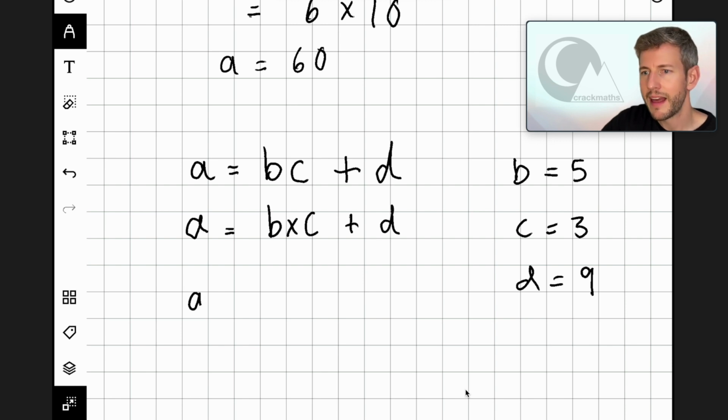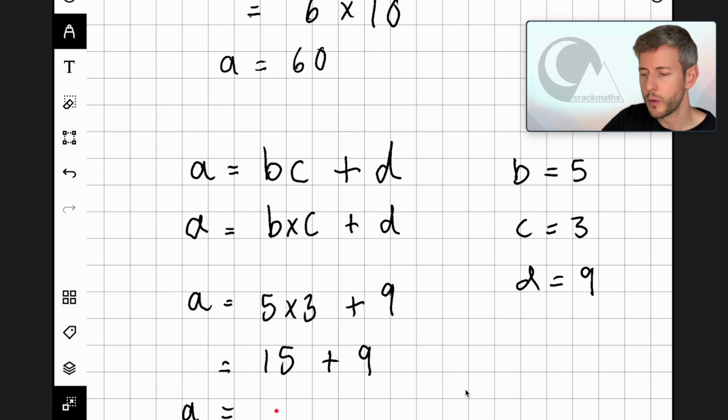So A will equal 5 times 3, because B is 5 and C is 3, plus 9. Okay, so 5 times 3 is 15, plus 9. So in this case, A would equal 24.